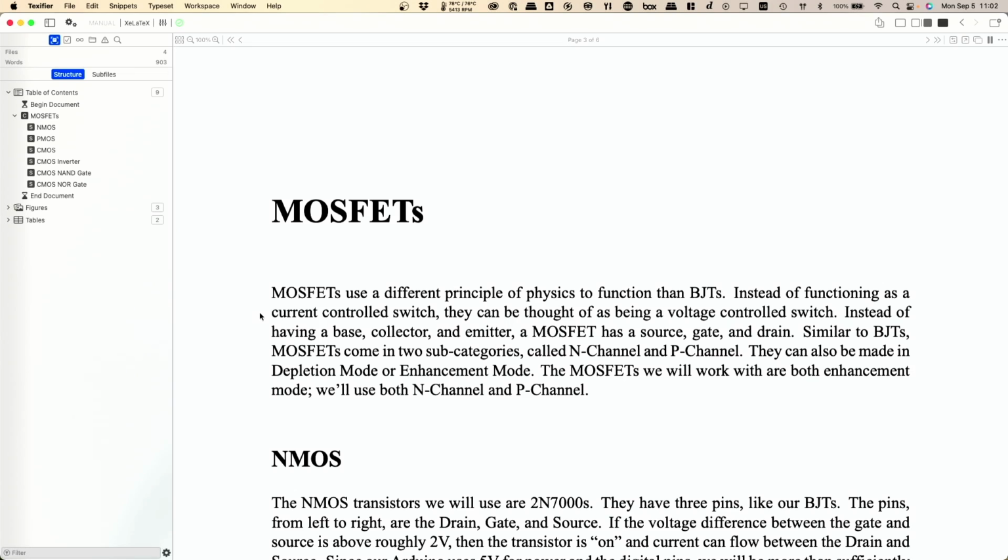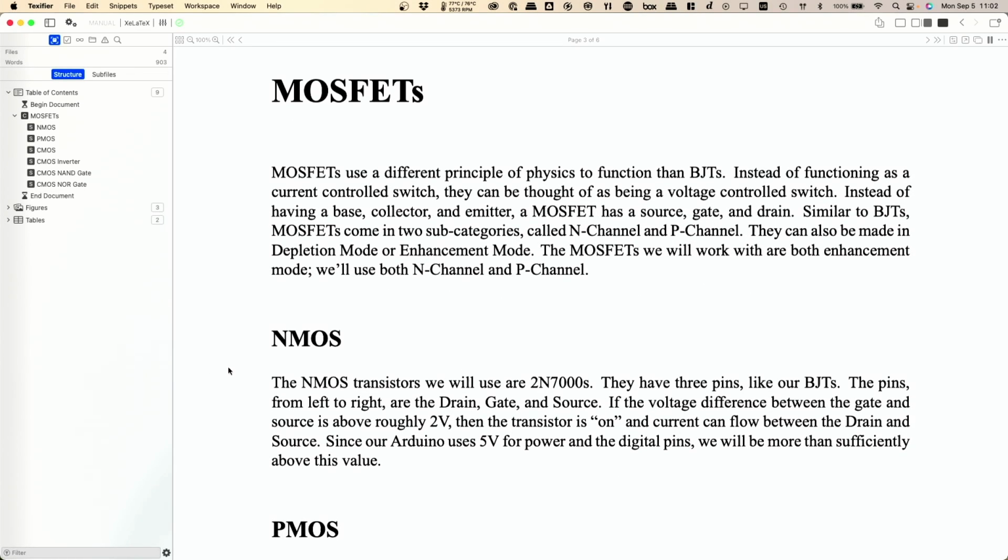Okay, a little bit of the history here. Actually, before I get to that, the part numbers for our NMOSs are 2N7000s, and the pins have different names than in the BJTs. We have a source, a gate, and a drain.